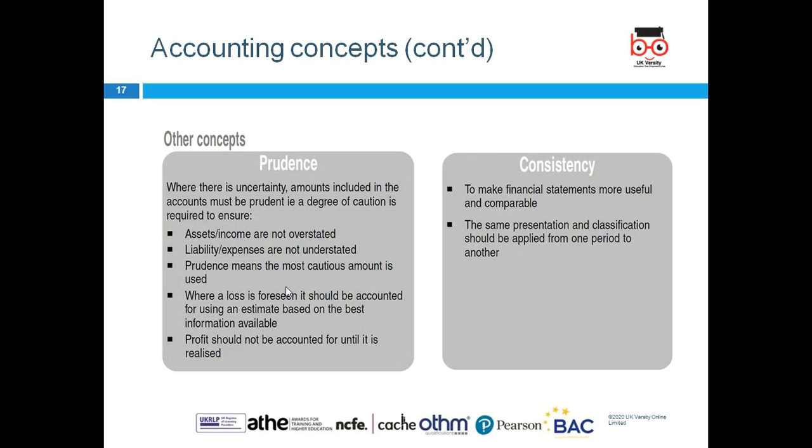So we should represent assets, liabilities and income accordingly. Prudence means the most cautious amount is used, because it can be on a scale, market value 1 million, it can be different. So you show the least amount, not the most amount. So a loss that is foreseen should be accounted using estimates.